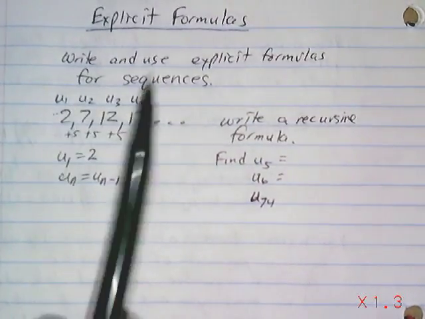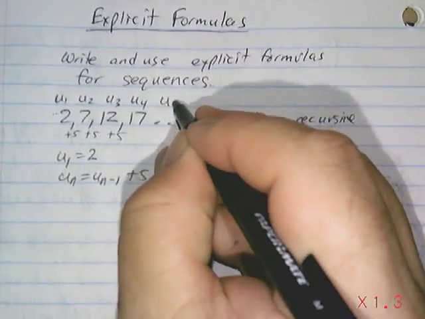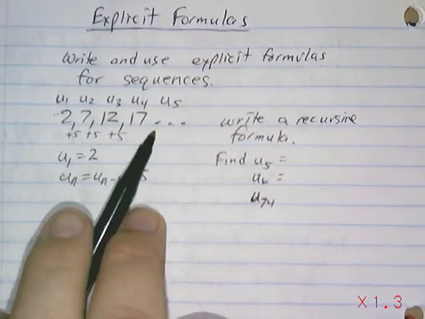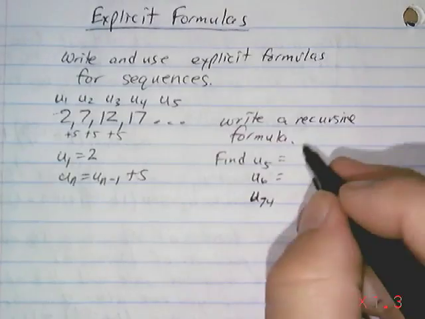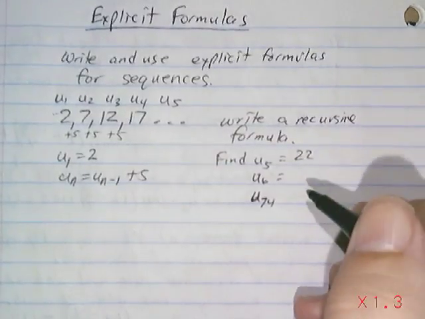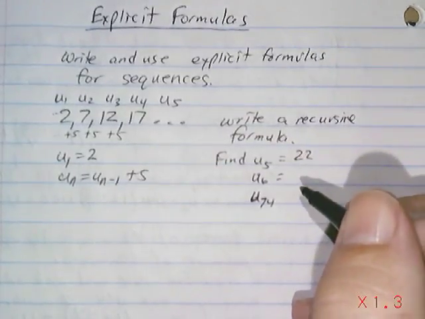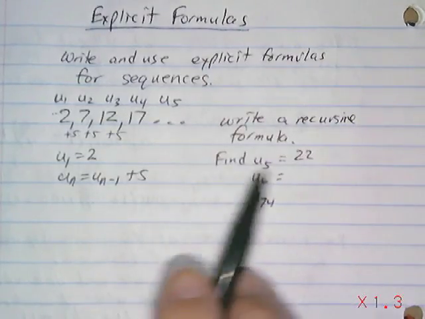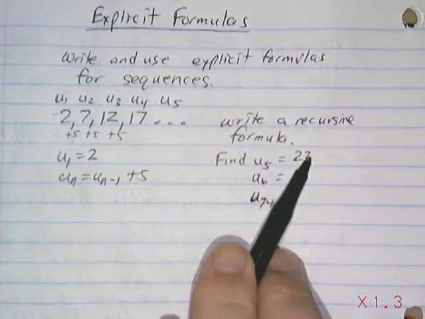Now u sub 74 would take a little bit more work. The problem with the recursive formula is that in order to find u sub 74, I need to know u sub 73, because then I could add 5 to it. But I don't know u sub 73.